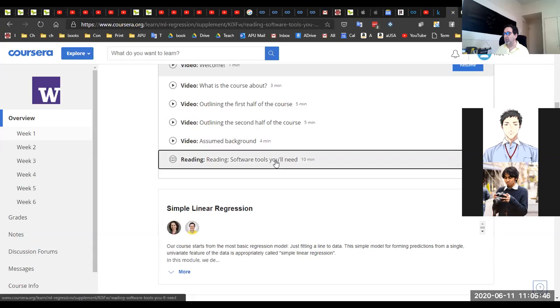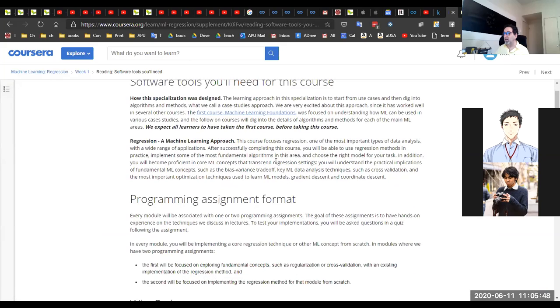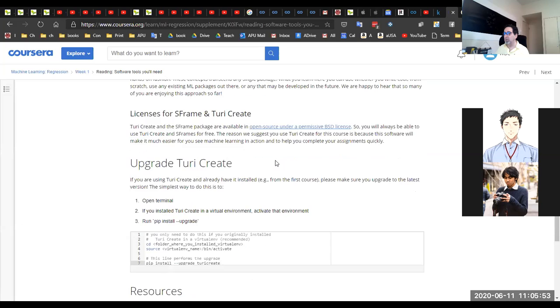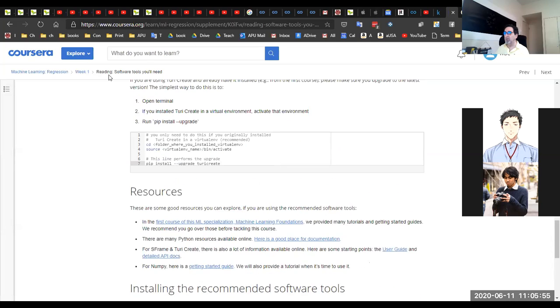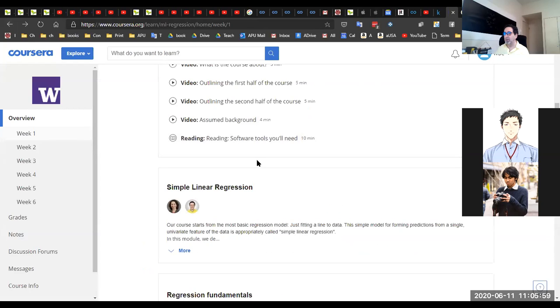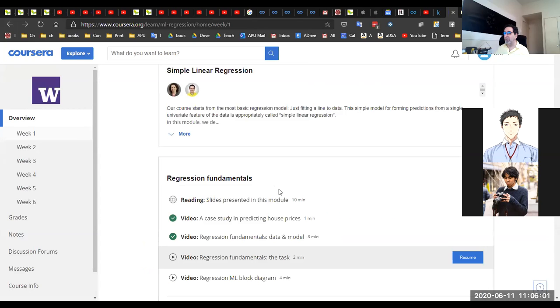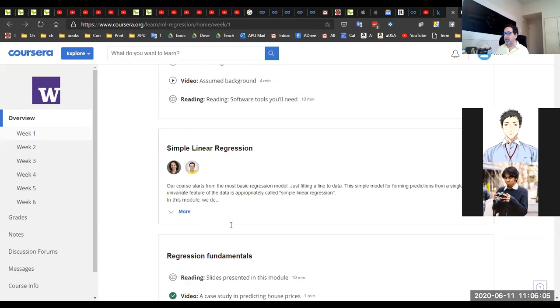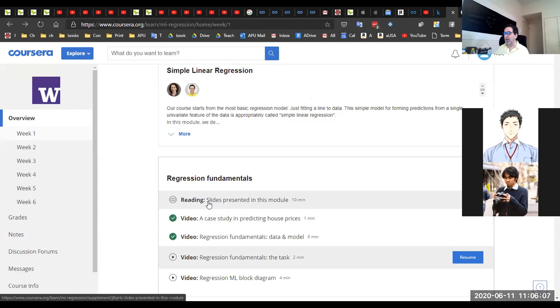What are the software tools you need? Python. Okay, but we won't go that far, so we won't need Python. And I'm not sure if you absolutely need that anyway. Okay, now we get to the section called Simple Linear Regression, and then there's Regression Fundamentals and video.